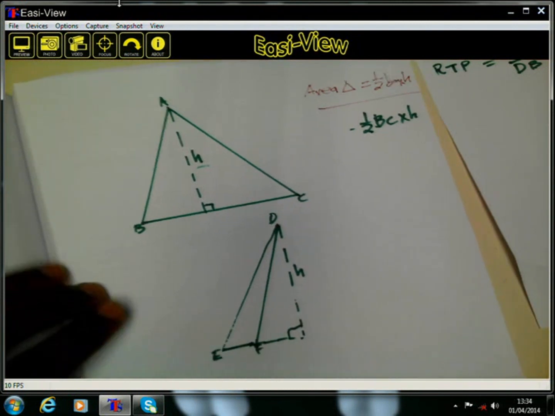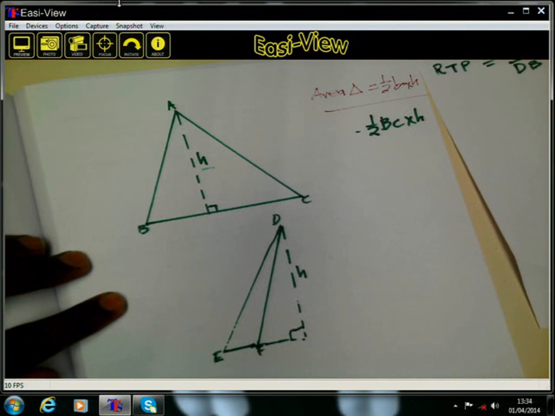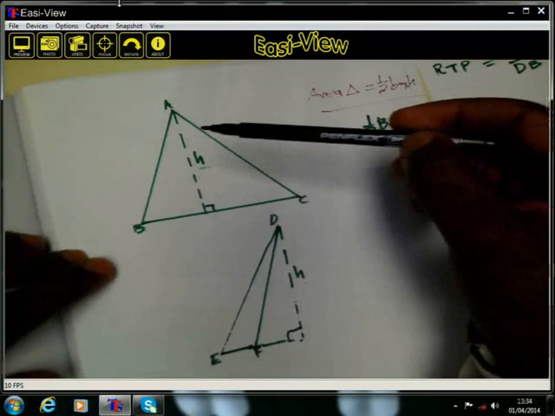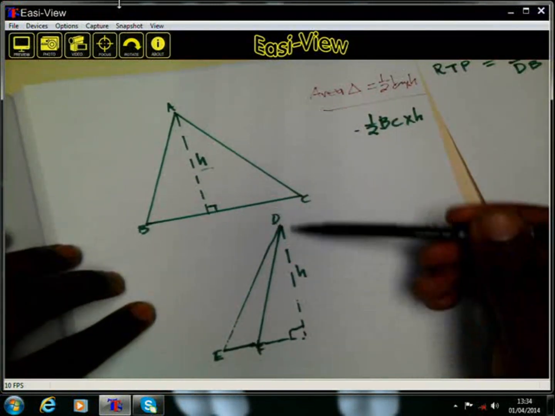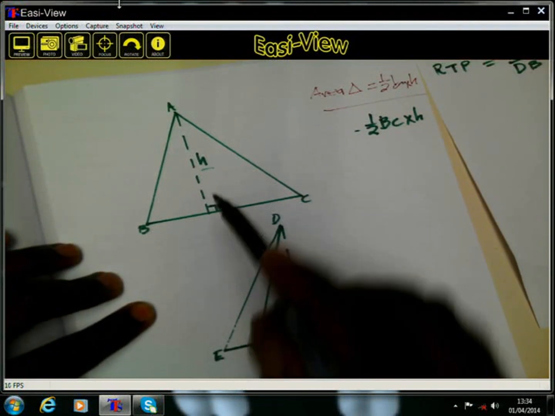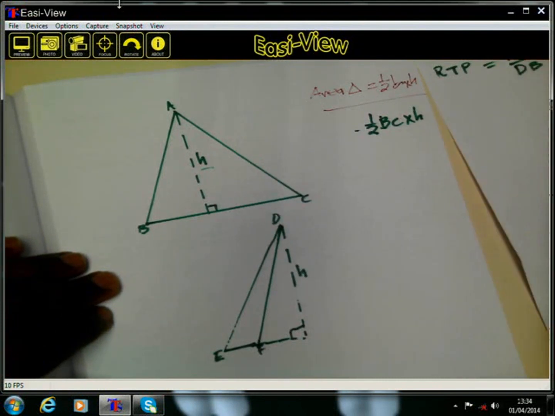When you prove this theorem, you must be able to spot the triangle that will have the height inside it, and the triangle that will have the height outside it. This is the kind of scenario that we are going to come across as we prove that.